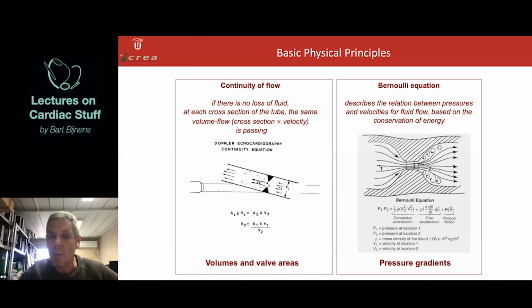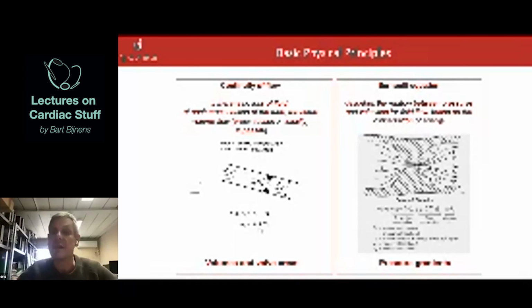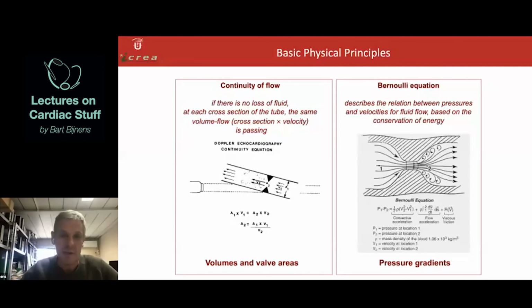When we look at two points where we measure pressure and velocities, they are linked to each other by a convective acceleration, a flow acceleration, and a viscous friction. This complex relation is the physical relation, and you can prove that. But we will again simplify this a lot, and I'll come back to that in a minute. But these are two important physical hydrodynamic principles that we use.